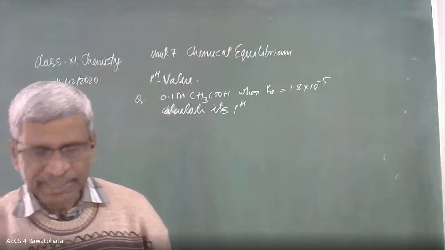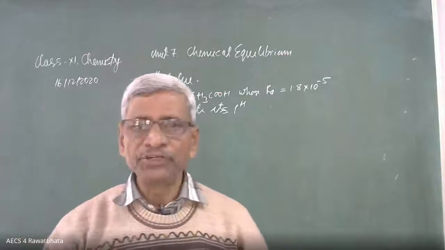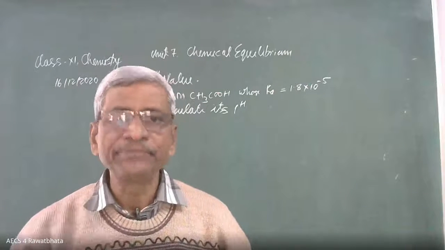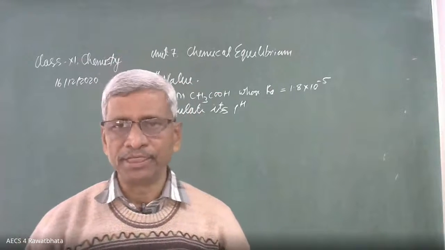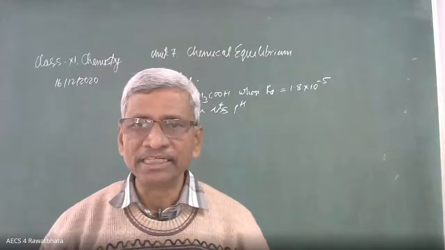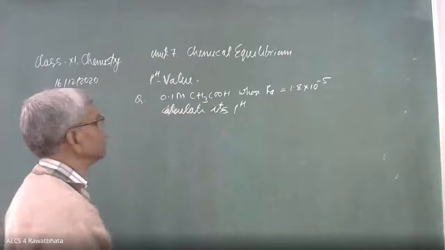Now we should be able to decide whether the acid is weak or strong. If it is weak, then Ka, or for base, Kb will be given. We need not remember this constant value, Ka or Kb. It will be given. If acid is strong, then Ka, Kb is not needed because they are going to ionize completely. So K is given, that's why it is a weak acid.